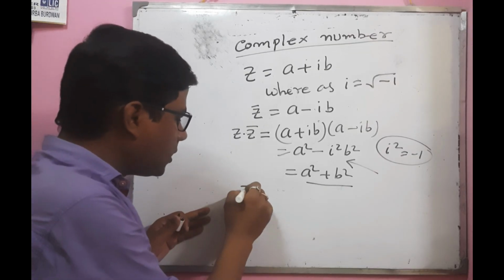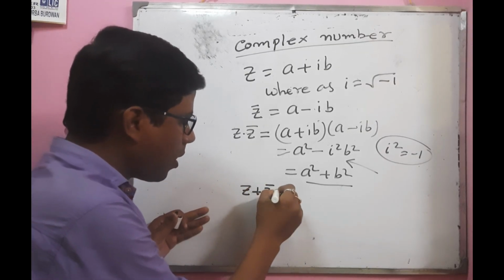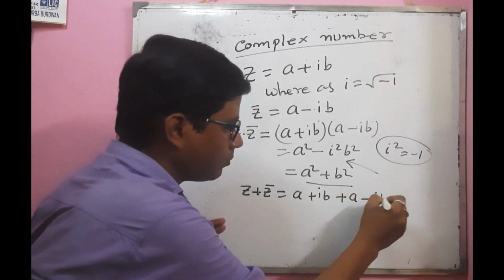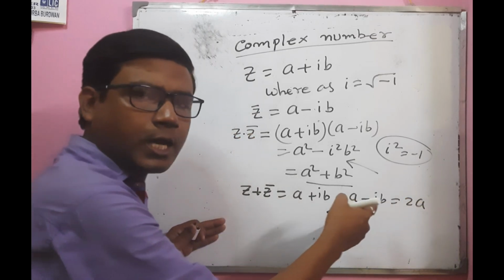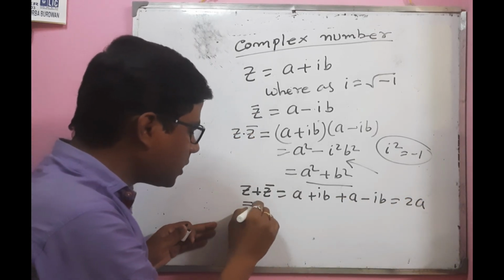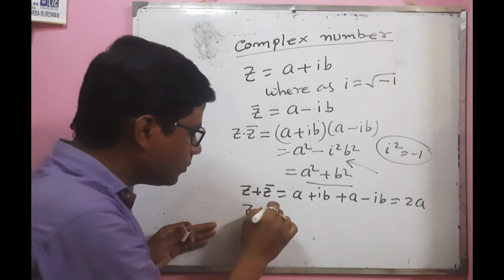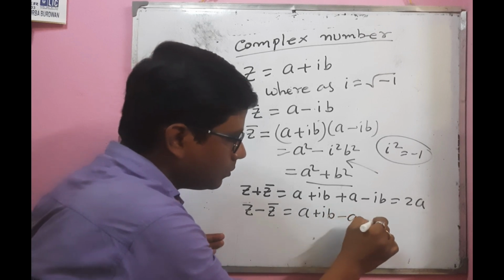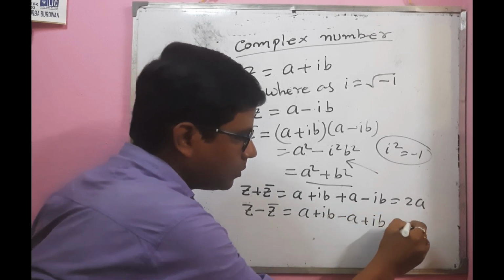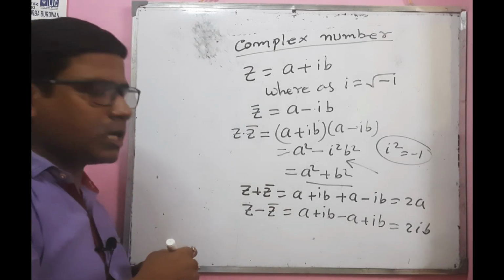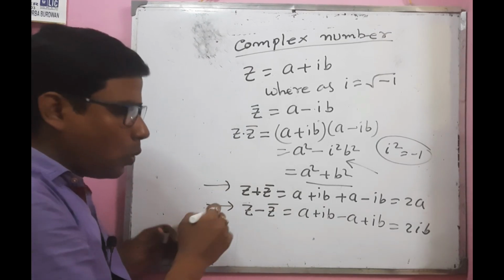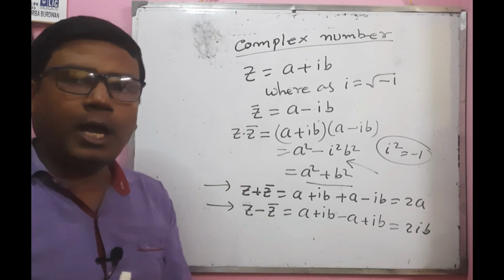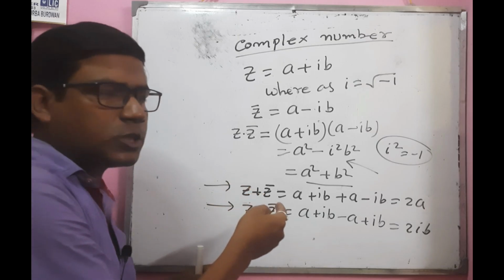Similarly, when we add these two, we get a purely real number, and similarly when we subtract these, we get a purely imaginary number. These two are important identities for any complex number. Move to the next part.